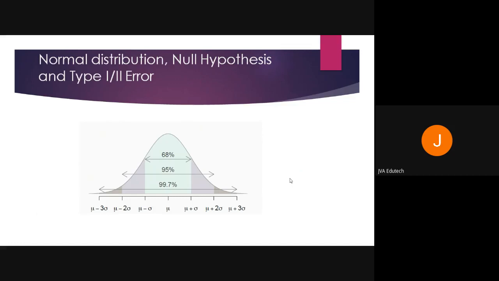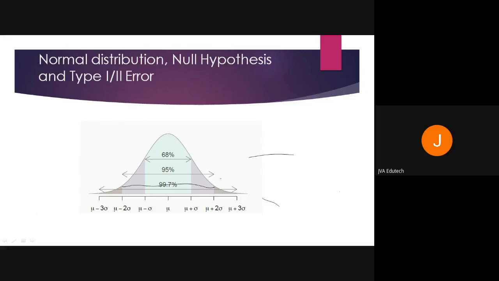So normally if I talk of normal distribution, it ranges from this zone to this zone, mu minus 2 sigma to mu plus 2 sigma.